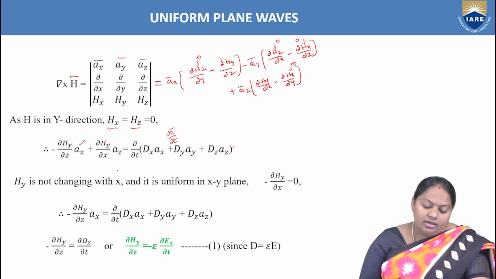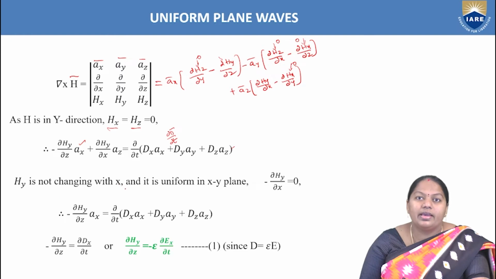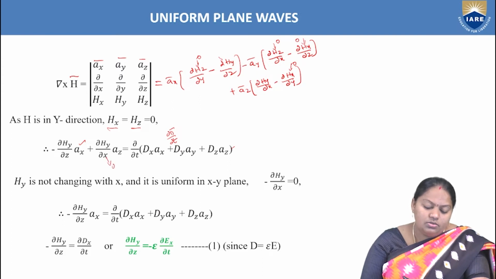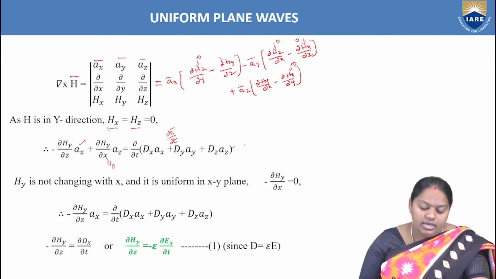Before comparing, we need one more assumption: Hy is not changing with x, and it is uniform in the xy plane. So dou Hy by dou x tends to 0, and the equation left is minus dou Hy by dou z into ax equal to dou by dou t of the complete vector D, Dx ax plus Dy ay plus Dz az.